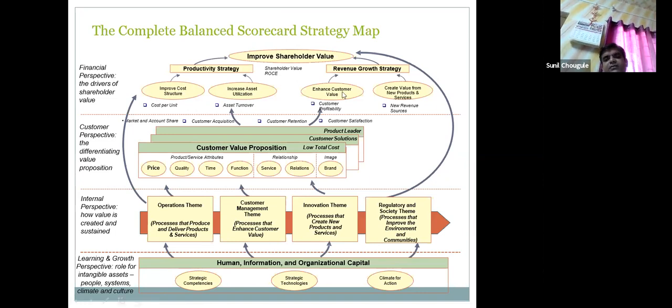Revenue, enhance customer value. Now, it is quite seen that when insurance services are sold to customers as an individual, selling one insurance policy to a middle class salaried employee is one effort. The same customer can have two more policies.